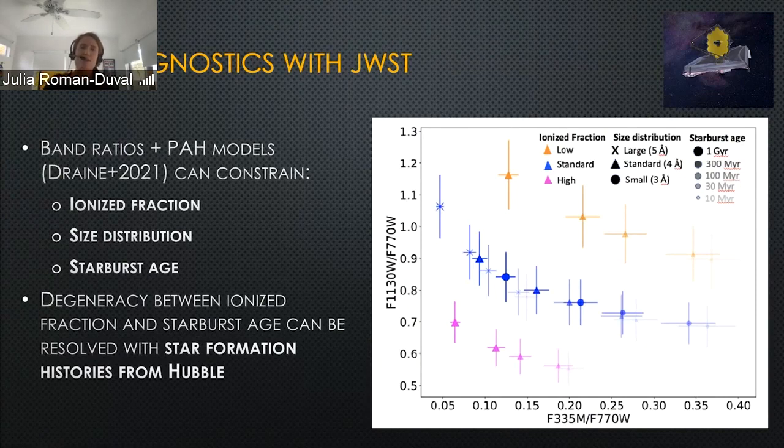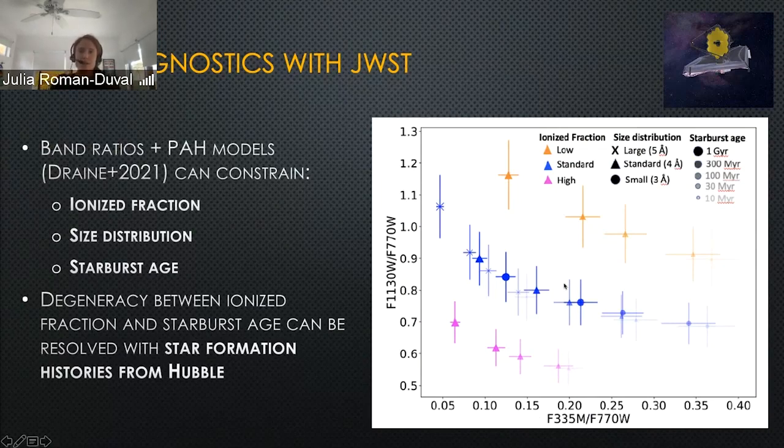So for example, here you have the ratio of the image in the F1130W filter to the F770W filter as a function of the ratio of the F335M to F770W. So these are just ratios of images, right?